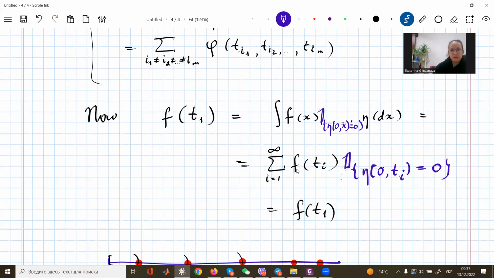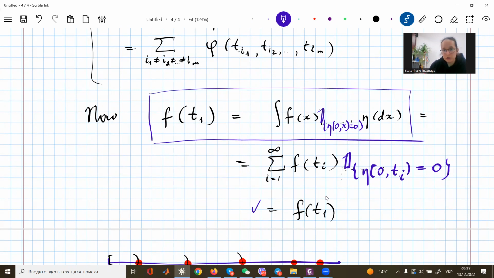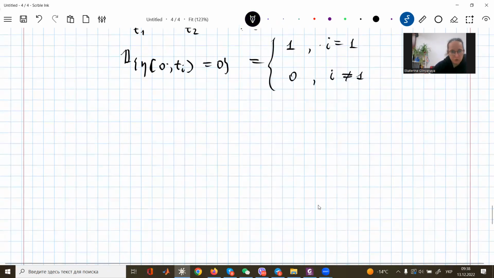So I represented the value of the function using the integral. I will use this formula to make an equation with this function. Yes, my function depends on x and it depends on measure. So let's do one more step and then we just generalize it.